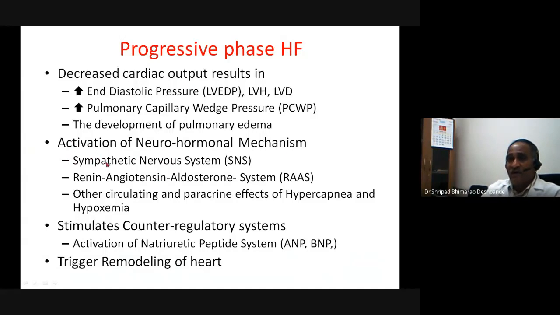Now, another thing. This may be the beginning stage. I have already mentioned sympathetic nervous system activation by three mechanisms: decreased barodischarge, increased chemodischarge, and activation of the brain ischemic response. Then renal blood perfusion is decreased, and the renin-angiotensin system is activated. So now what is happening?